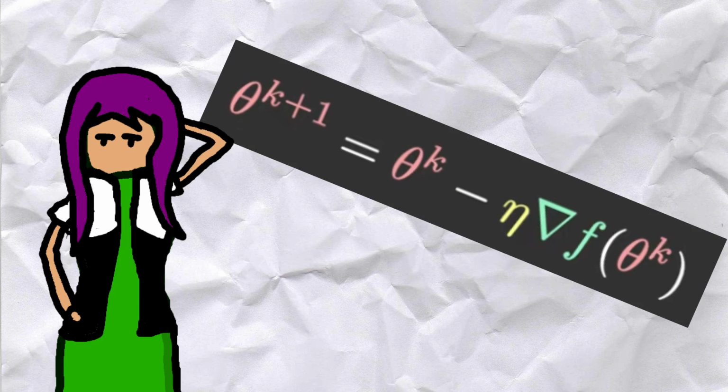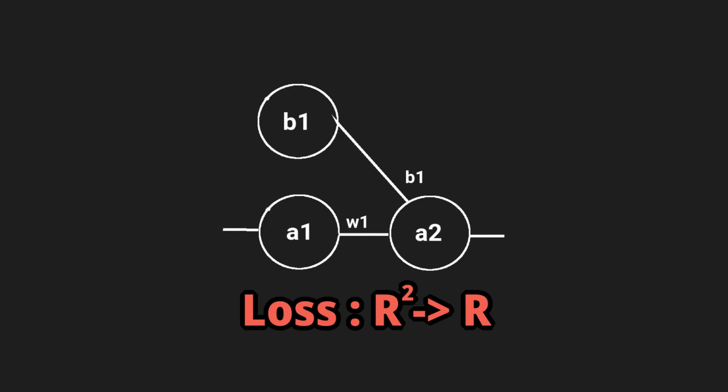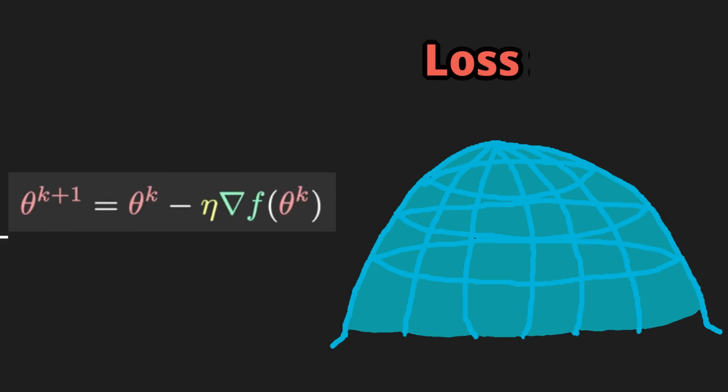So the formula is kinda complicated and I ain't explaining the formal bullshit, but quickly. Imagine a simple network with just one weight and a bias. Then, the loss is a 3D function that we can visualize as a hill. The weight and bias determine your position on the hill. The reverse delta represents the direction of the steepest ascent.